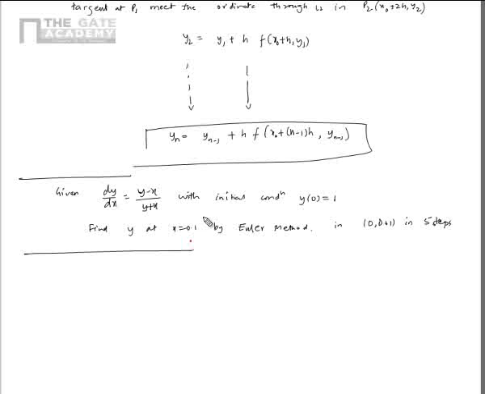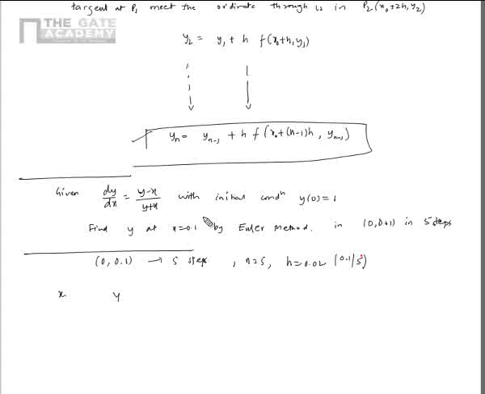We will apply this basic equation, but let's draw a table of x and y. I'll take 0 to 0.1 in 5 steps, so n is 5 sub intervals and h is basically 0.1 by 5, that is 0.02.